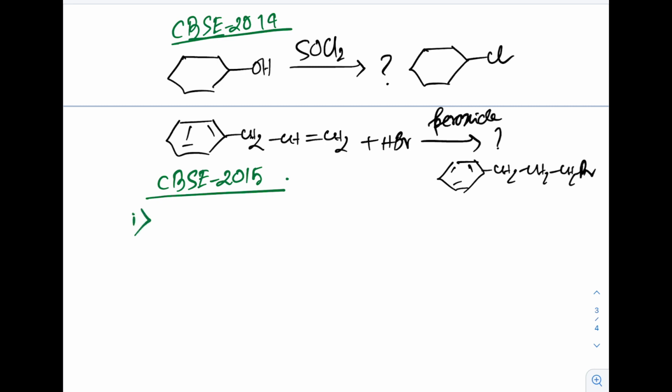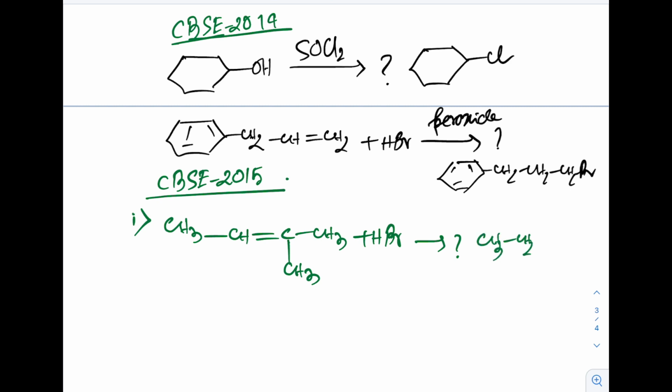So number 1, they have asked CH3, CH, double bond C, CH3 plus HBr. So obviously here Markovnikov addition will happen. This will be the product.